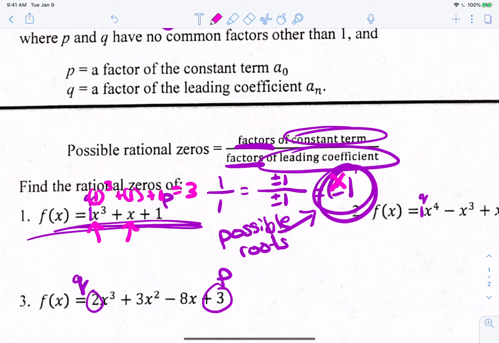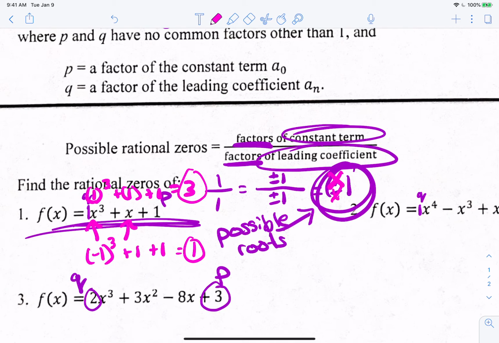Positive 1 is not a 0. If I plug negative 1 in, negative 1 cubed plus 1, that gives me 1. Negative 1 is not a 0 either. So the ones that I just said were possible, neither of them actually work.